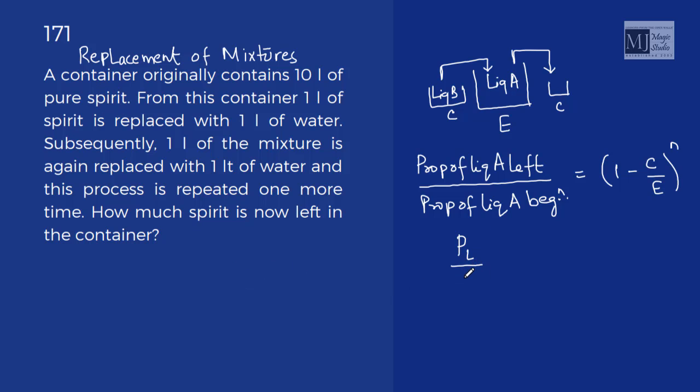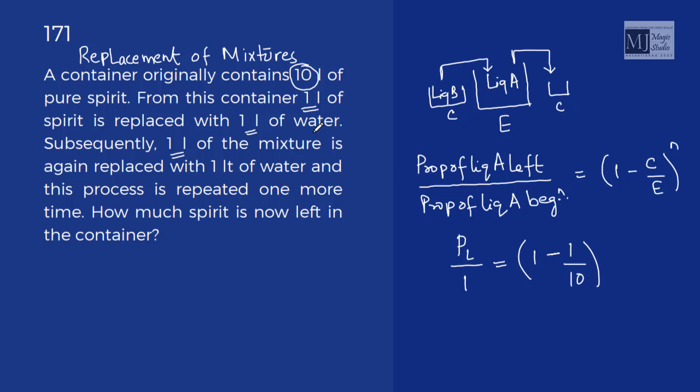So PL by 1 equals 1 minus C, which is 1 liter, because every time 1 liter of mixture is taken out and replaced with 1 liter of water, which is liquid B in our case, by 10. 10 is the initial capacity of the big container.